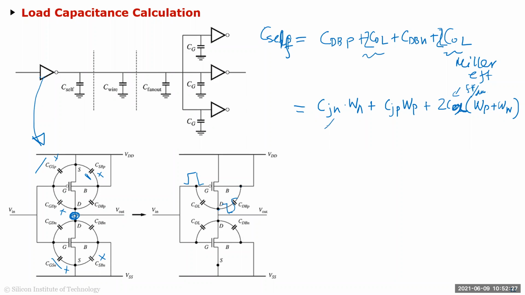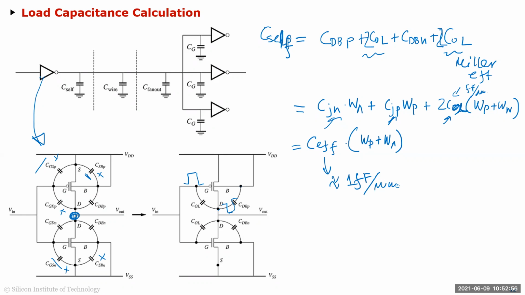And just like before, you can take the CJP, CJN, and COL as one effective cap times WP plus WN, assuming that CJN is equal to CJP, which a lot of times they are very close. So if you calculate that for example, for 0.13, this is roughly about 1 femtofarad per micrometer.